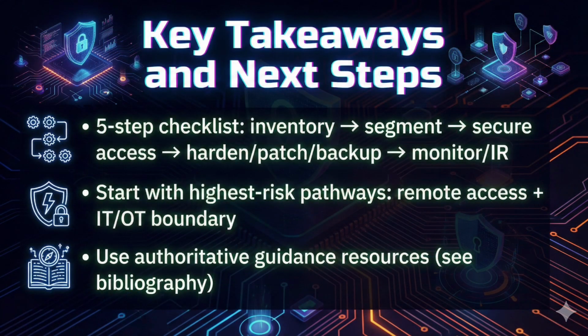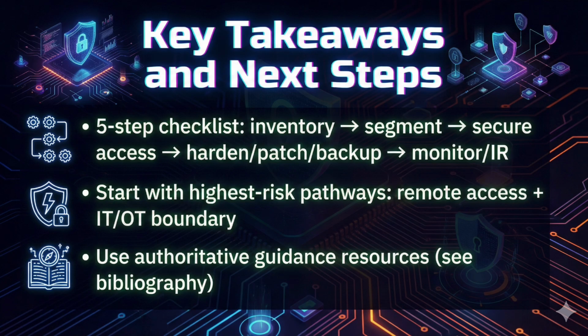Let's wrap up with a quick checklist you can apply immediately. First, inventory and map your OT and IIoT assets, including data flows to IT and cloud. Second, segment the environment into zones and tightly controlled conduits, especially across the IT/OT boundary.